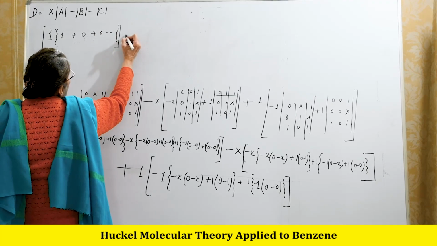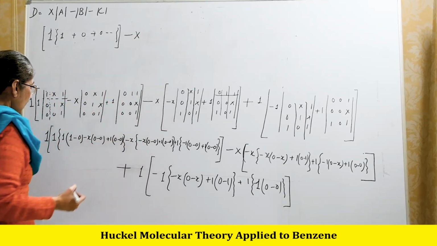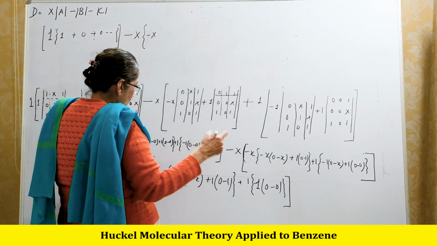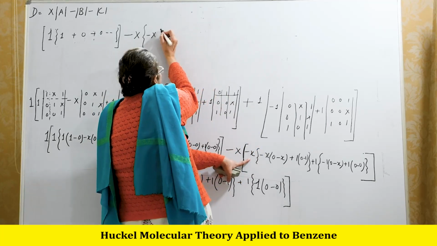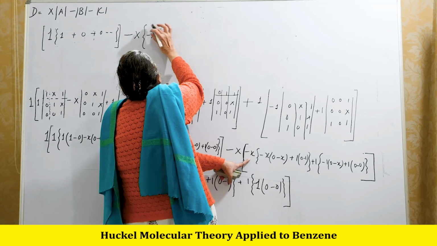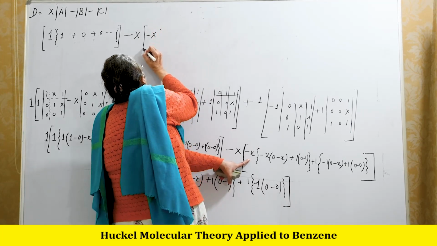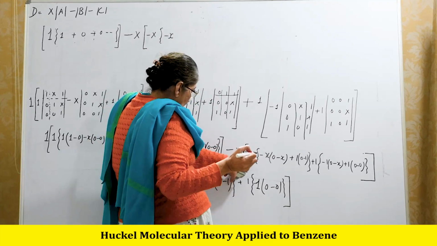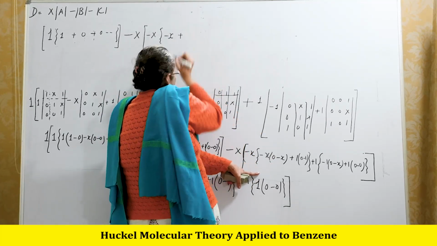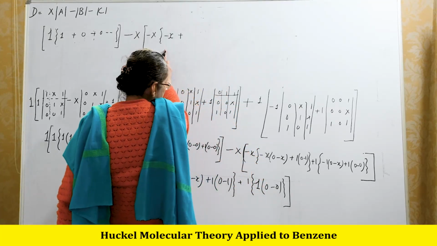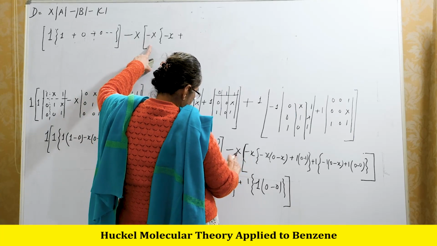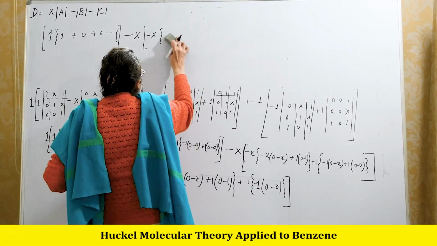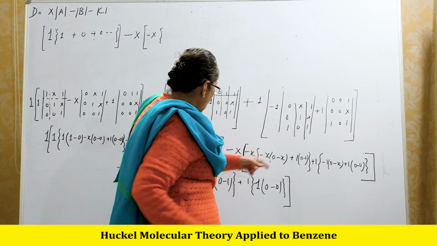This is for the first, and this is minus x, second minus x, and 0 minus x, minus x, and x minus x, and 0 plus x, this is x minus x and 0 plus x square.